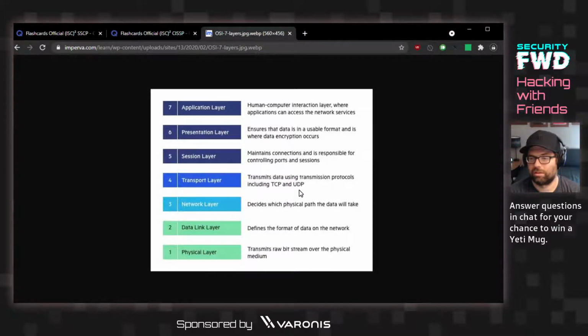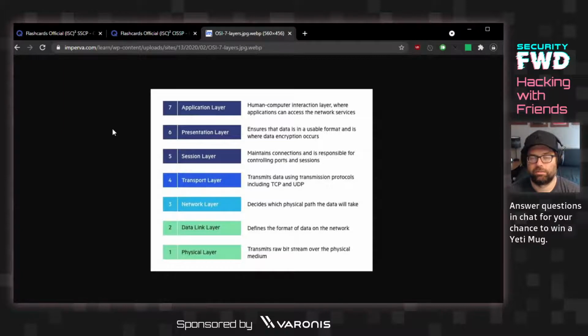Okay, that makes sense. Session layer maintains connections and is responsible for controlling ports and sessions. Okay. Presentation layer ensures the data is in a usable format and is where data encryption occurs. Okay. Application, human interaction layer where applications can access the network services. Okay.